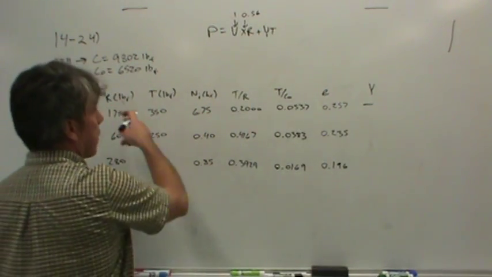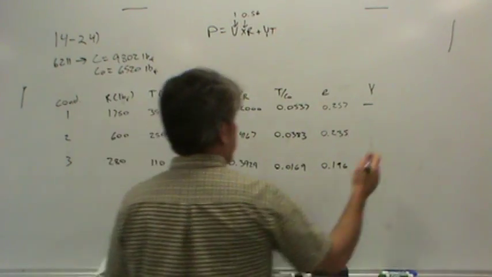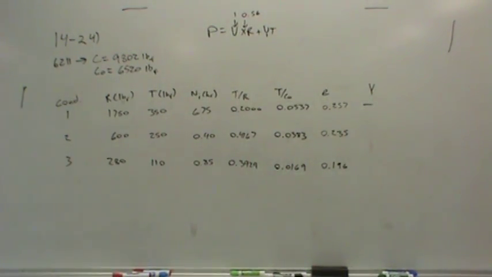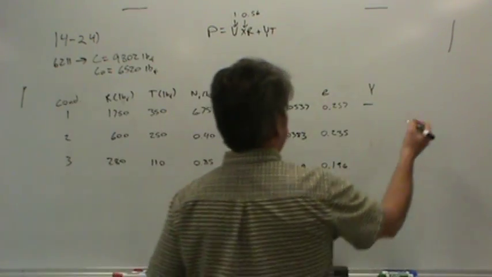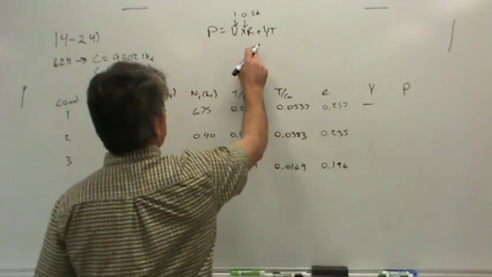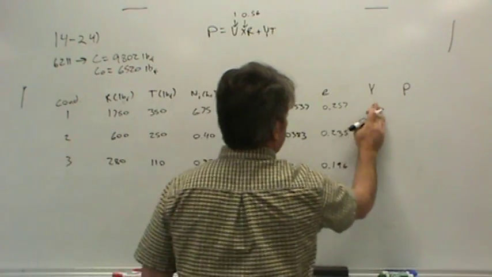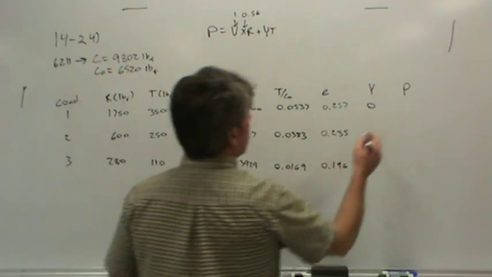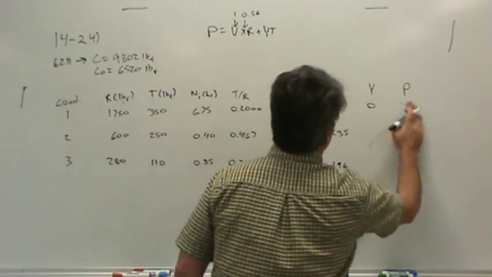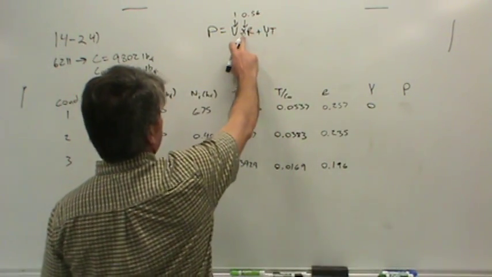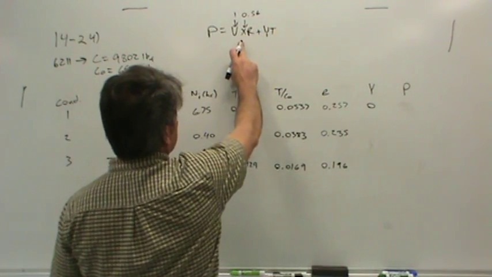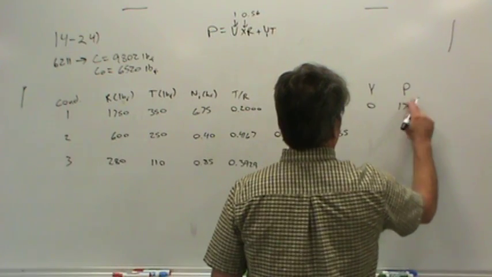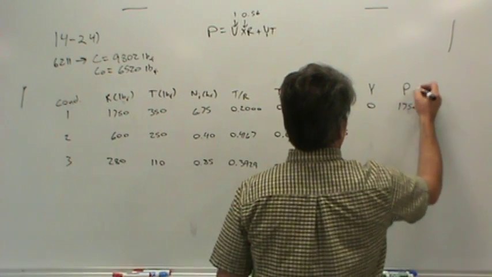In other words, for this first row, the equivalent load P is just the radial load. So basically what happens to this equation is this part goes away because essentially Y is 0 since T over R is not greater than E. So P goes, whoops, not to 0. It goes to the radial load. We don't use this X. Basically, in this case, it just is V times R. So that is 1750 pounds force.